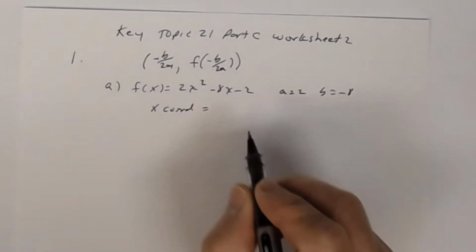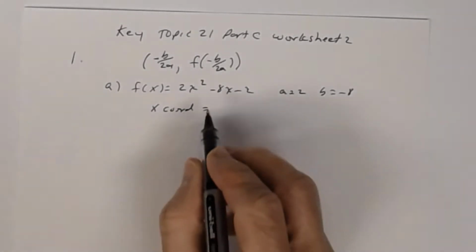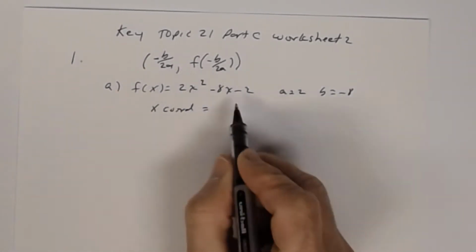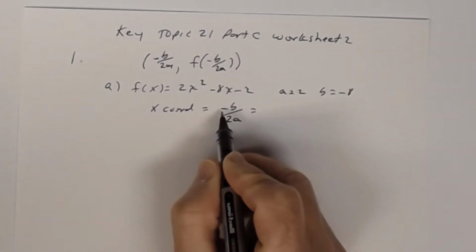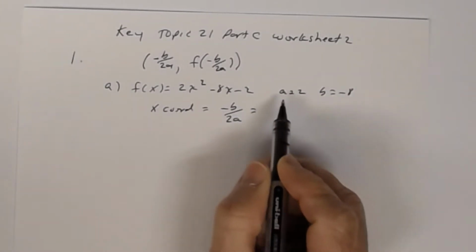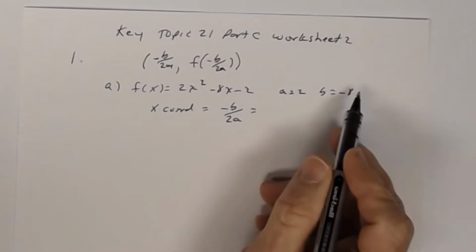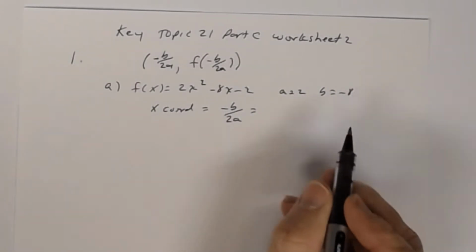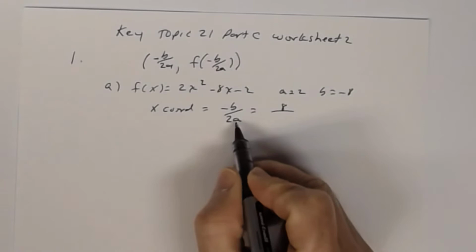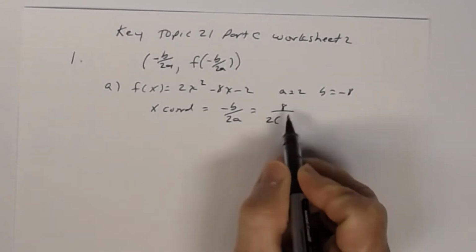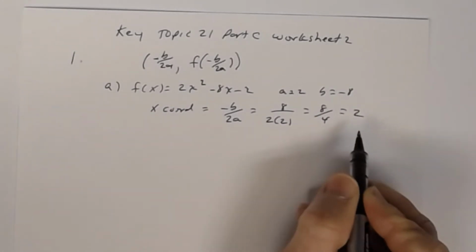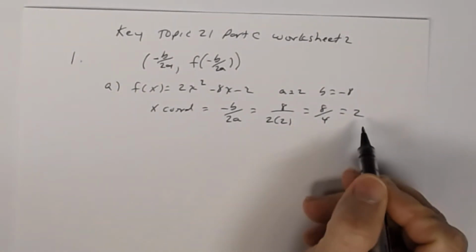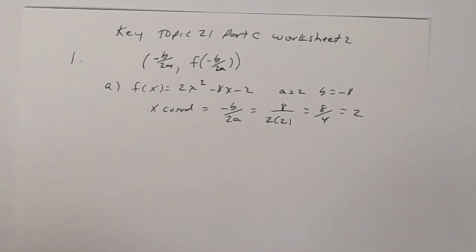Negative b, you can also read as the opposite of b. So if b is negative 8, the opposite of negative 8 is a positive 8. And then we get 2 times a, which is 2. So you get 8 divided by 4, which is 2. So that is the x coordinate of your vertex.